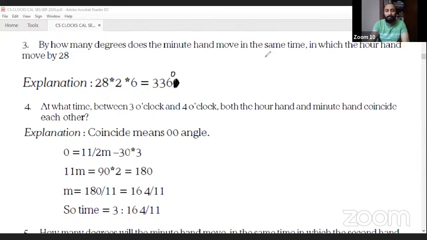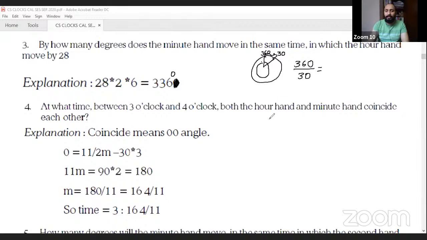In a clock, if the hour hand has moved 30 degrees, then the minute hand will be moving how much? One full rotation. From here to here it will move. 360 degrees. 360 degrees for a degree of how much? 30. What is 360 divided by 30?